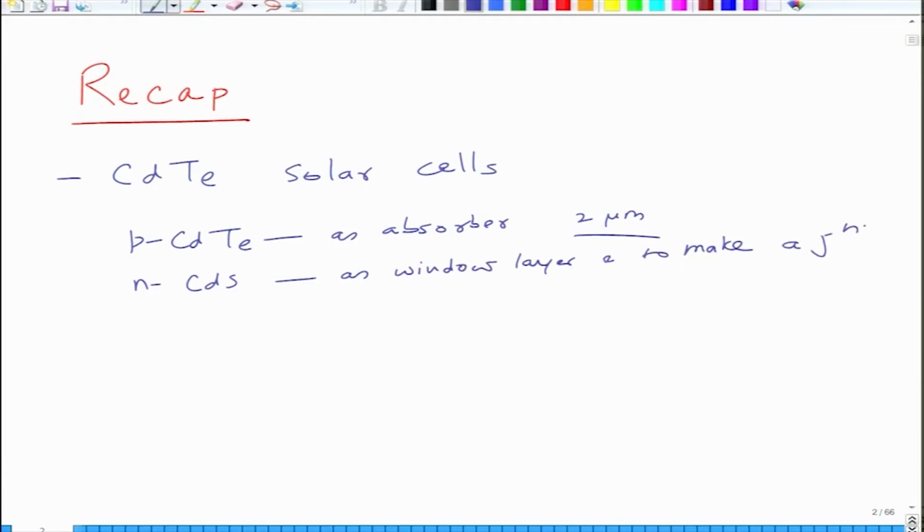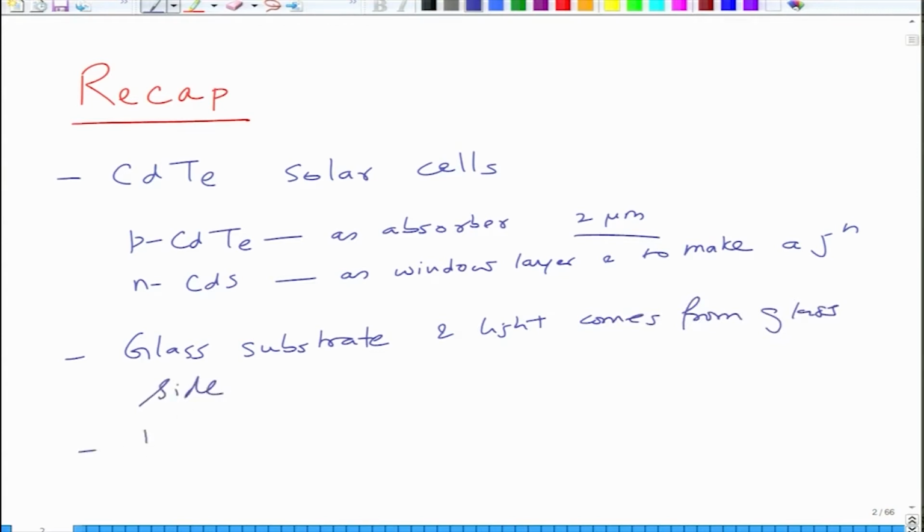Then you appropriately choose the contacts, and this is basically a device on a glass substrate, and the light typically comes from the glass side.